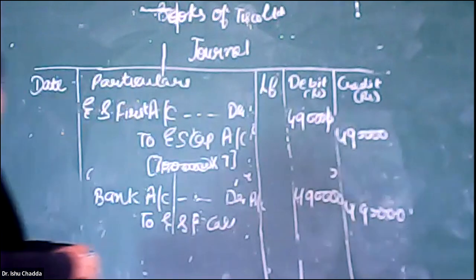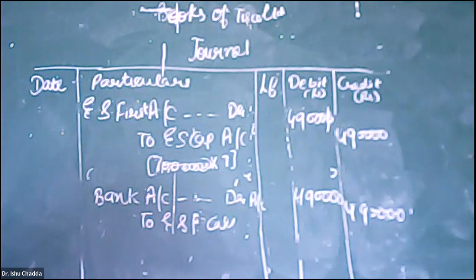Again, after allotment you made the first call, and then you receive that money in the bank account.